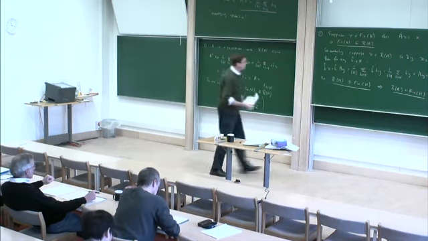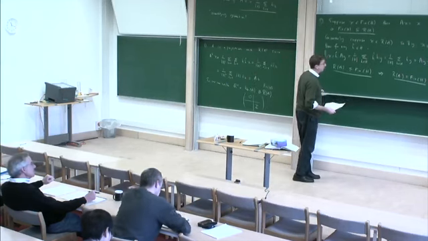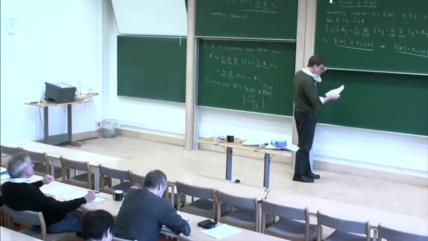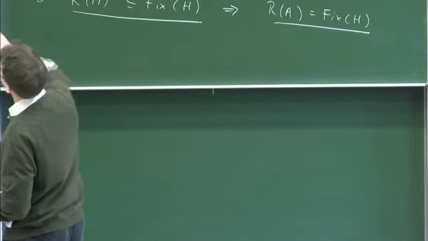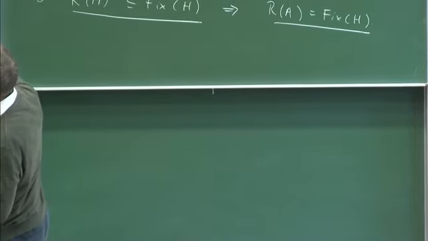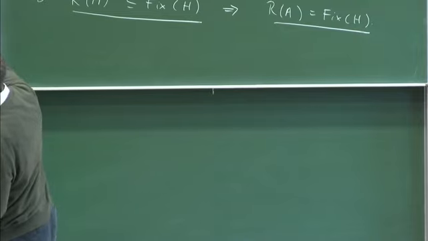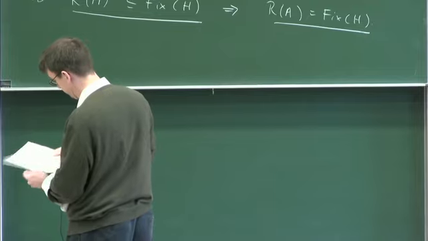So what am I trying to prove now? I'm trying to prove that the dimension of the fixed point space is equal to that sum of traces of matrices.